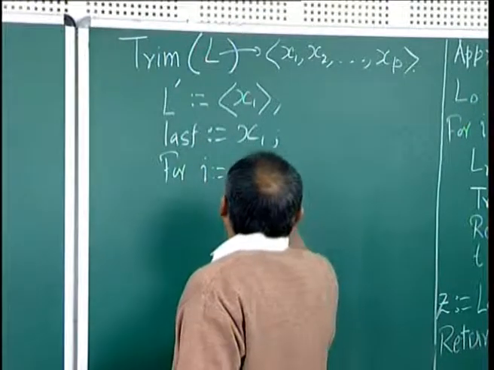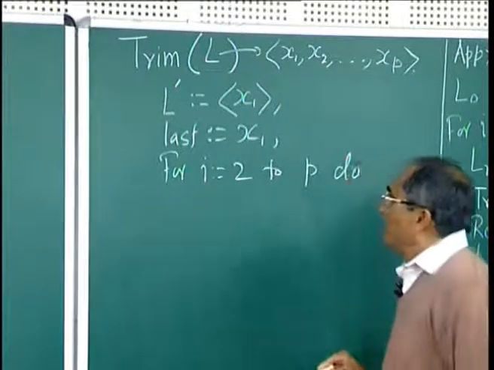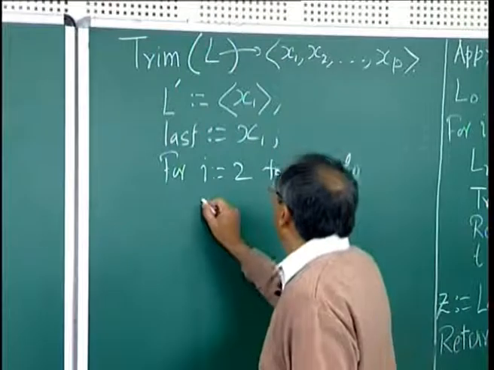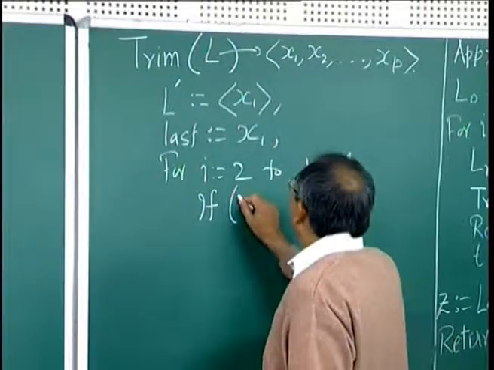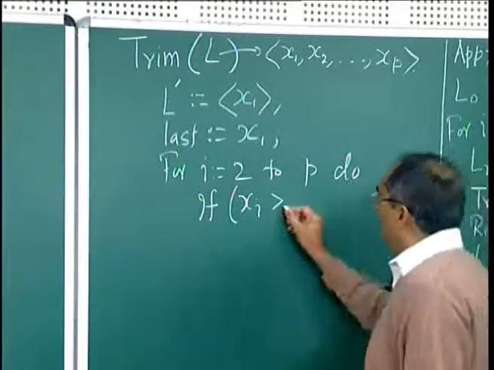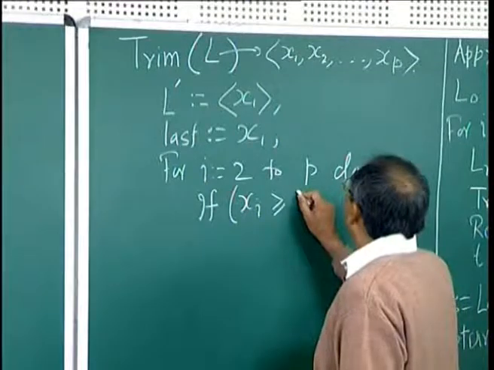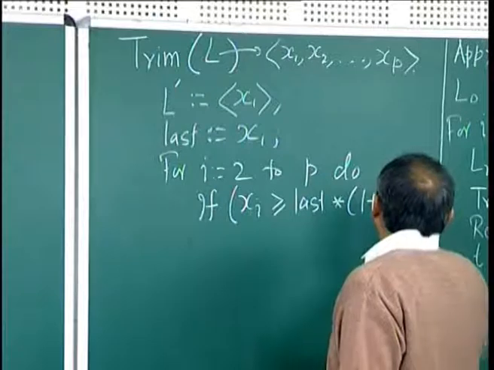and then for i equal to 2 to p. Then we see if xi is greater than or equal to maybe last times 1 plus delta.